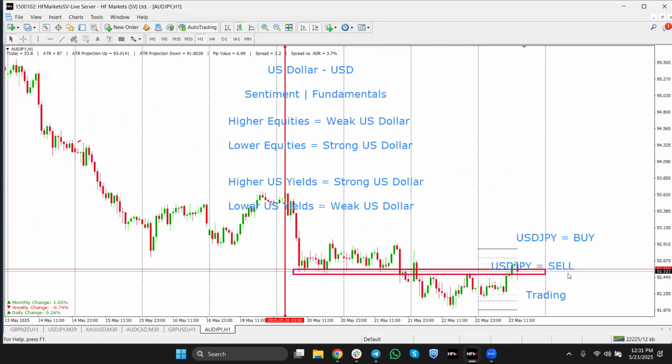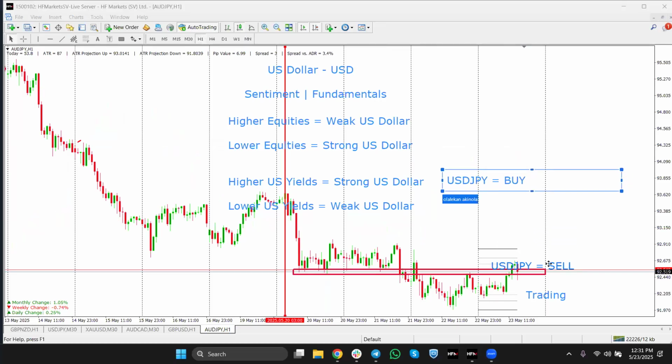So under normal circumstances, we should see USDJPY buy on higher yields. We should see USDJPY sell, right? And that should actually also be accompanied with gold sell here, XAU USD. And it should be accompanied also with XAU USD buy here.